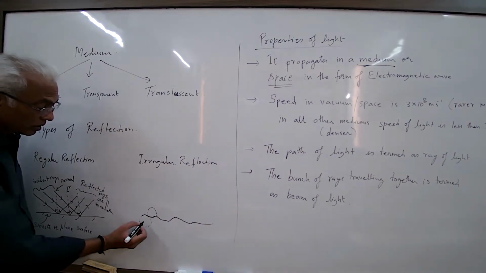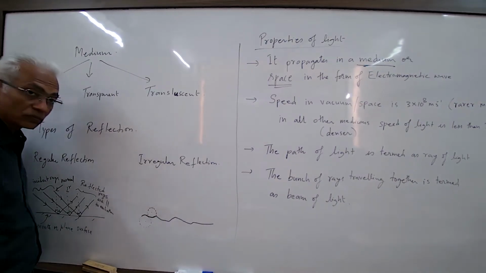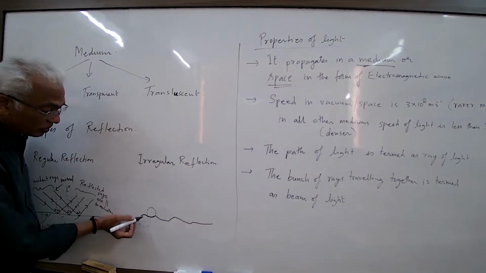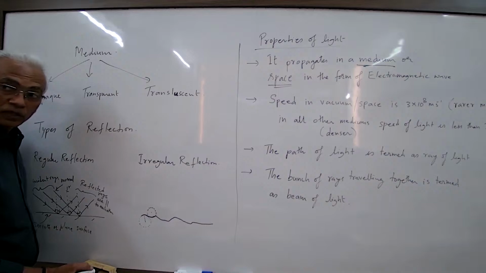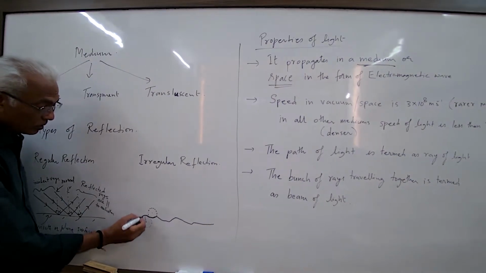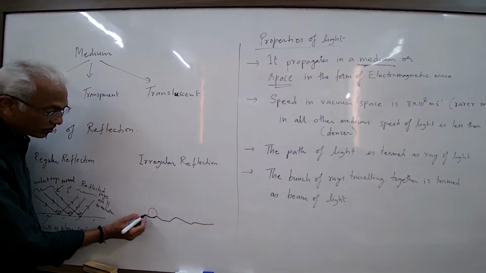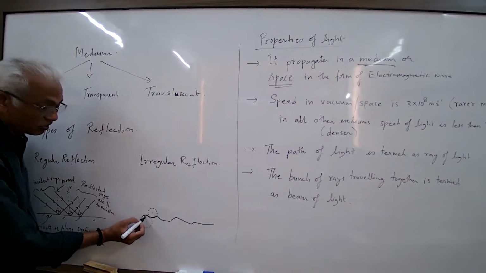Okay? And every circle will have a center. So anywhere if you want to draw the normal, that normal is nothing but the radius. So here, what is the normal? The normal is the normal to the tangent at that point. You know the theorem in mathematics that tangent is always perpendicular to radius.